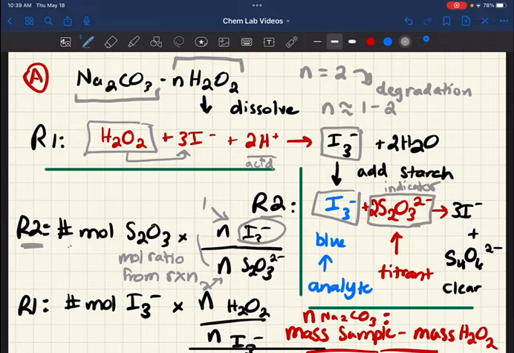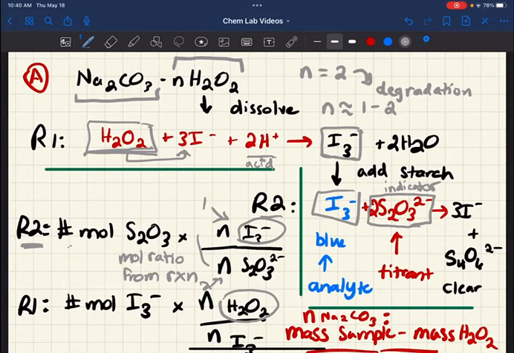Once I've obtained that, I can go back to reaction 1, because the key will be to use the number of moles of triiodide so that we can identify the number of moles of H2O2 that must have been in the mixture originally. So with my moles of triiodide, I'll use the mole ratio from R1 between triiodide and H2O2. That will allow me to get the number of moles of hydrogen peroxide.